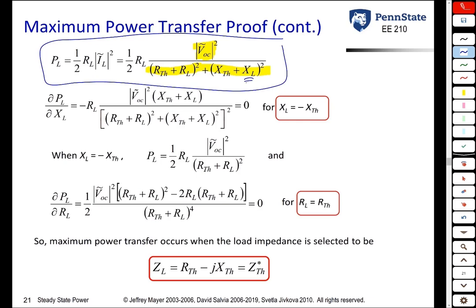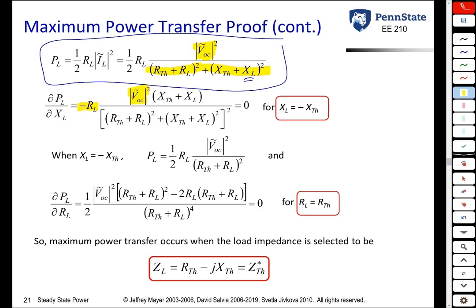Then you subtract, that's where this minus sign comes from, the numerator, which is RL times that, times the derivative of the denominator. Remember, we're talking about a partial derivative here with respect to XL, and so the partial derivative is going to be 2 times X Thevenin plus XL.